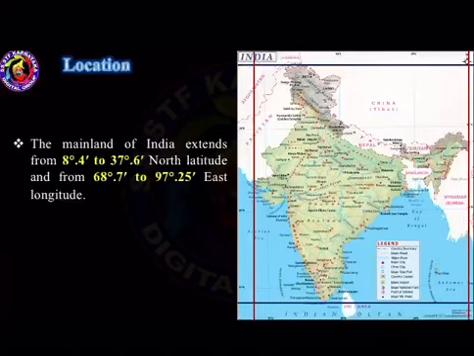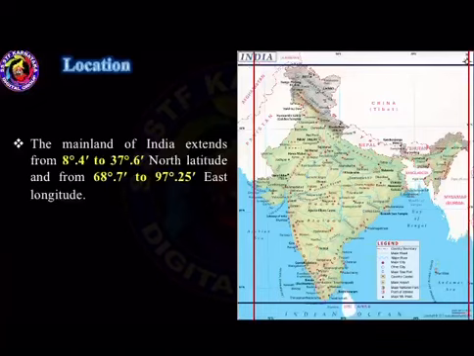Towards Sri Lanka, we have a black color line and its position is 8 degree 4 minutes north. And towards Kashmir, we have another black line whose location is 37 degree 6 minutes north. Towards Gujarat, we have a red color line.